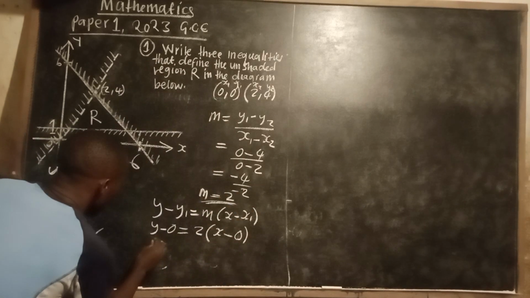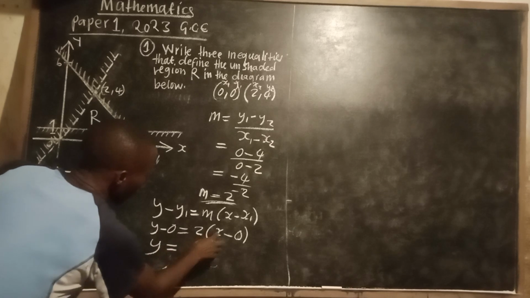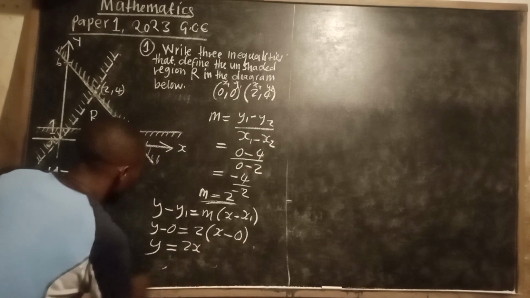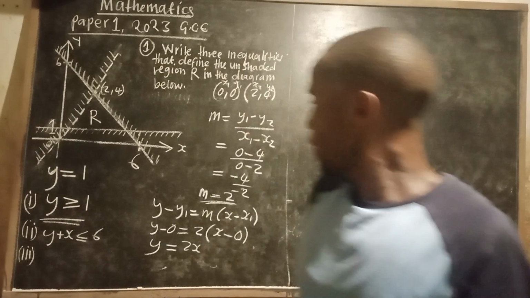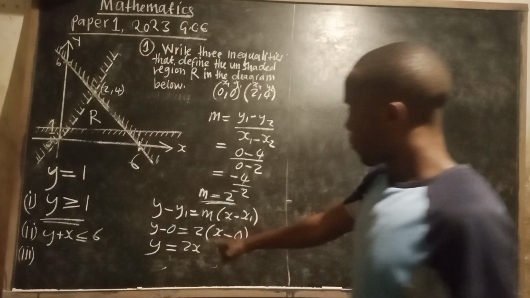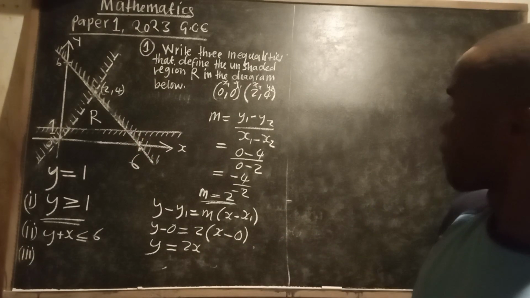So this is just 0, so y is equal to 2 times x, which is 2x. Then there is 0. So the equation of this line is y equals 2x. That is our equation of the line.